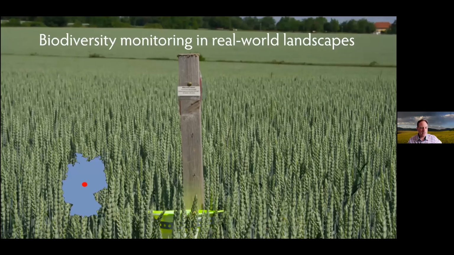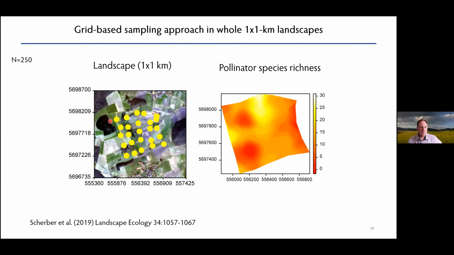One of these approaches that we used was to set out sampling grids of, in this case, yellow pan traps in 1 by 1 kilometer landscapes to predict heat maps of pollinator species richness here. So this could be really interesting because it can be combined with remote sensing approaches. And I think also from a phenorob perspective, this approach should be also very useful and interesting for you.